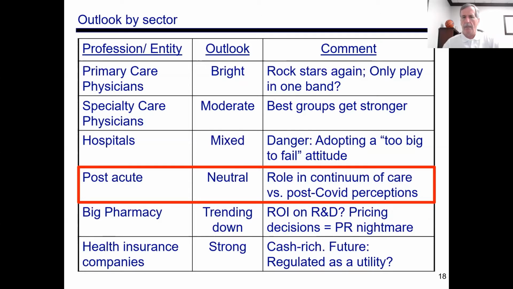Or you look at the idea that Advocate would merge with, was it Beaumont, which would create a massive health system as well. So this idea of too big to fail and scaling up continues to be noteworthy in the acute care sector.